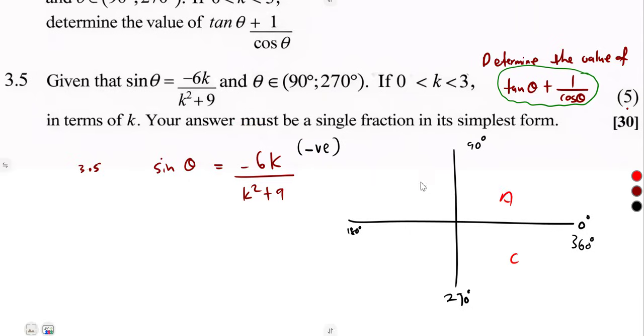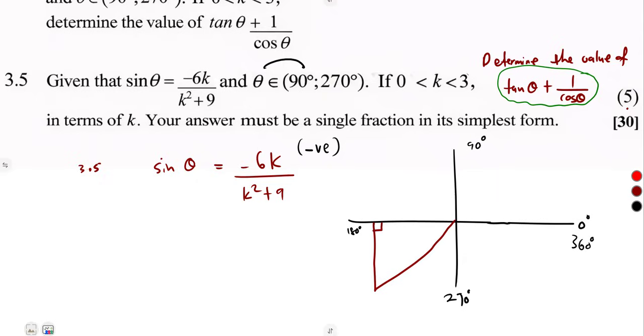Remember from our CAST concept, sine is positive in the second quadrant, but in the third quadrant it is negative. We need a condition that satisfies the interval from 90 to 270, but our sine is negative. So that is going to be the third quadrant. This is where your triangle is going to be, where sine is negative.